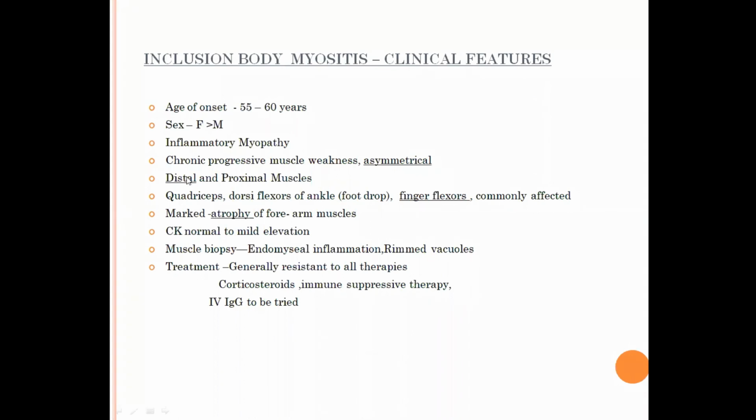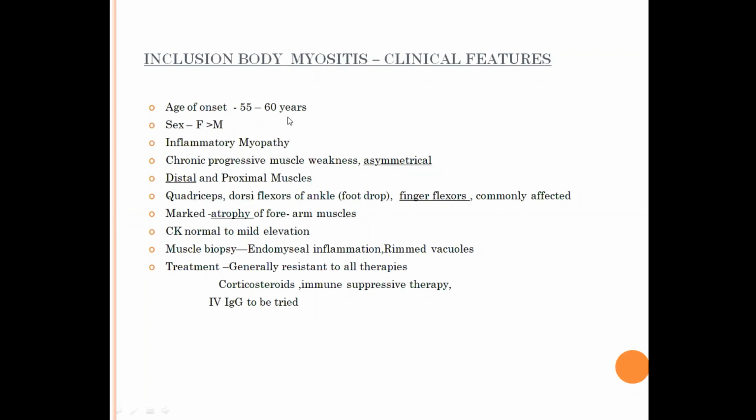Most often it is the forearm muscles which are wasted and affected. Normally when we say proximal muscle weakness in myopathy, we expect pelvic girdle and shoulder girdle. But here, in this inflammatory myopathy, the distal muscles are more affected than proximal. Typically there is wasting of the quadriceps and wasting of the forearm.